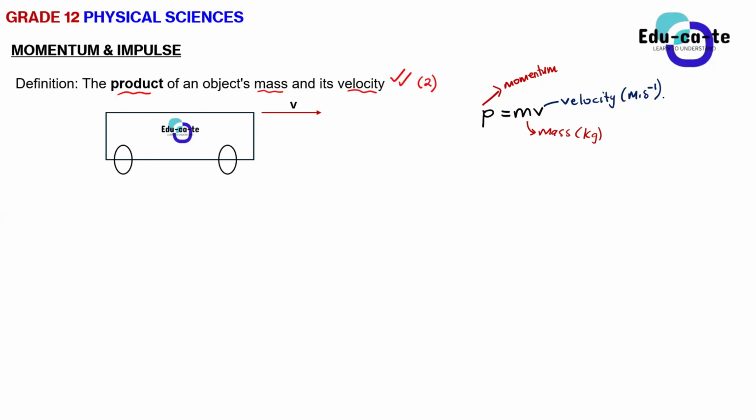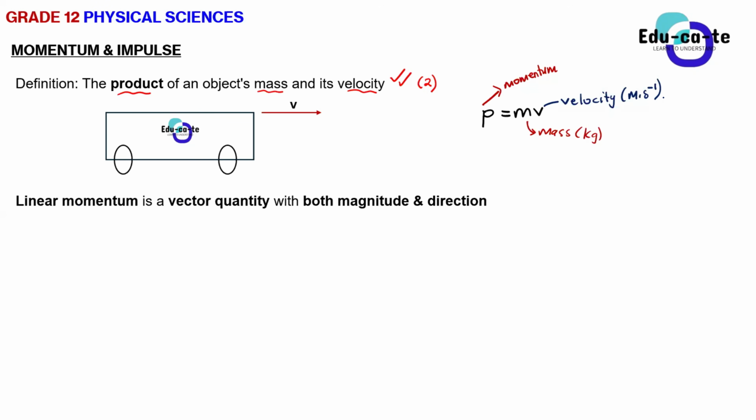So all you need to find the momentum of an object is its mass and its velocity. If you know how massive the object is in kgs, and you also know how fast it is moving, then you can find the momentum.